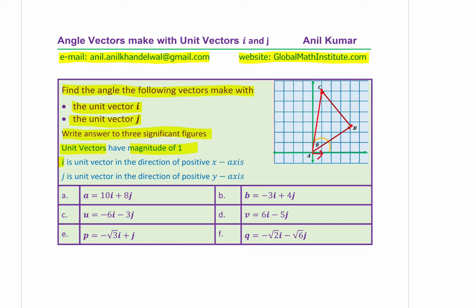This positive x direction, that is a unit vector i for us. And the vector j is a vector defined along the y axis. It is the unit vector, meaning one magnitude, and the direction is along the positive y-axis as shown here. So that will be our j.